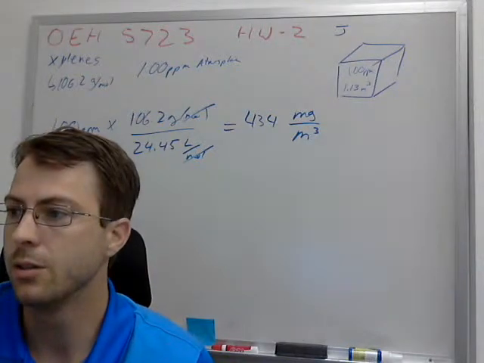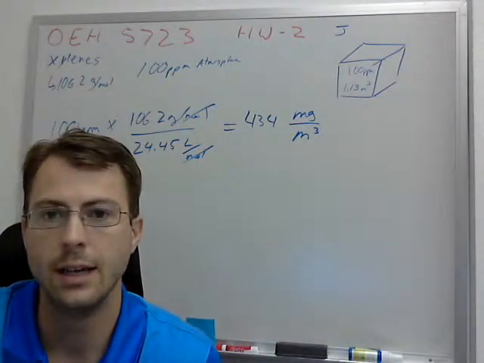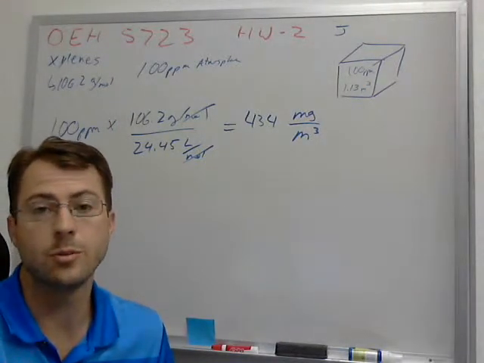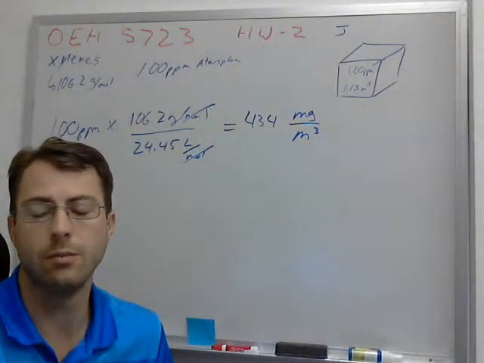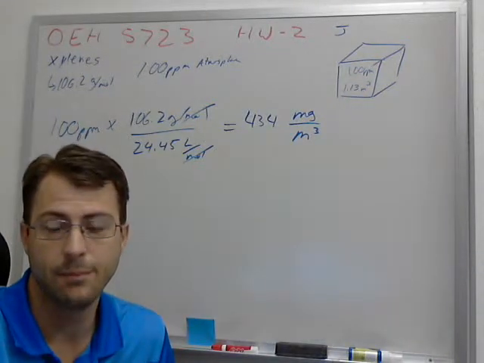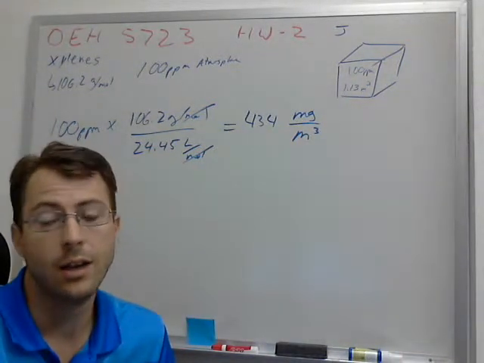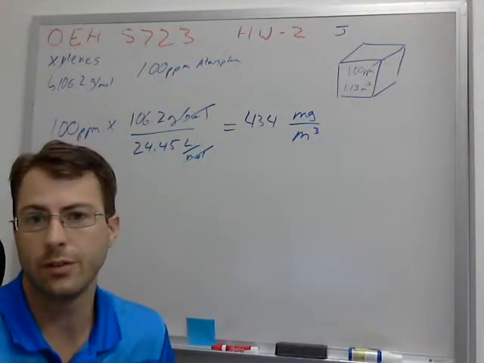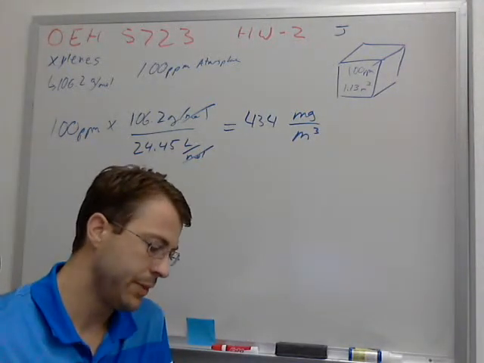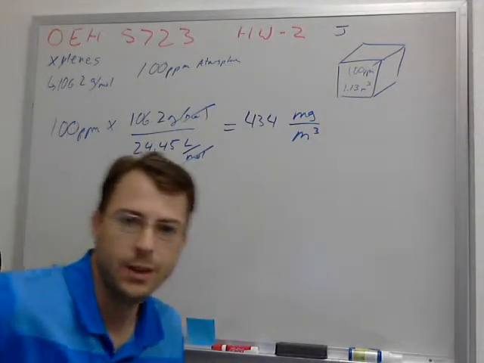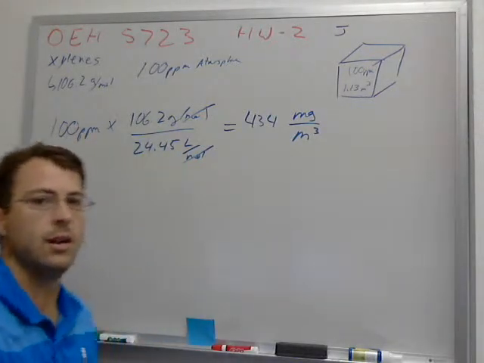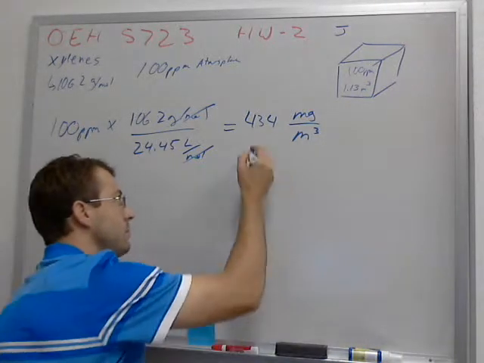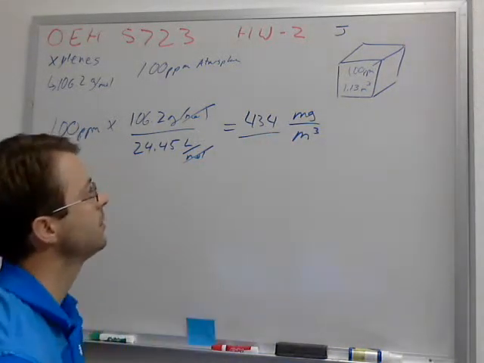Now I can also look online, and you'll notice that the PEL, the permissible exposure limit for xylenes, is 100 ppm. And the NIOSH Pocket Guide also gives that to us in milligrams per cubic meter, and they say it's 435. And so we've got 434. So there's just some sort of rounding error between them and us. It's nothing to worry about. This is what I calculated, and this is what I'm going with.